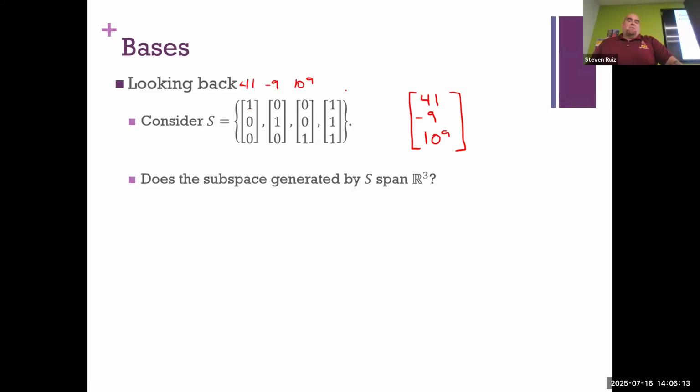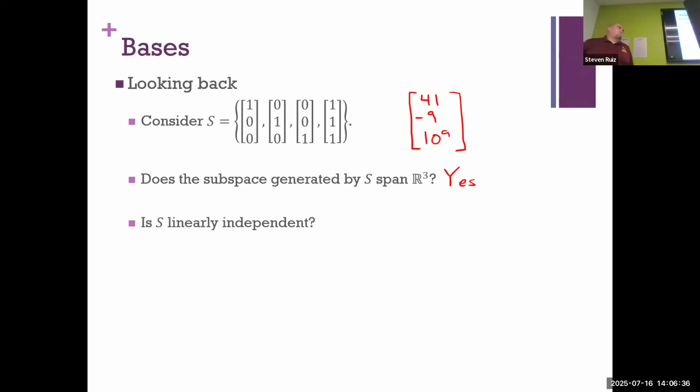Okay, that works. But would we agree that I can make any 3-dimensional vector I want from these 4 vectors? So I would say yes, this subspace spans R3. Is it linearly independent?